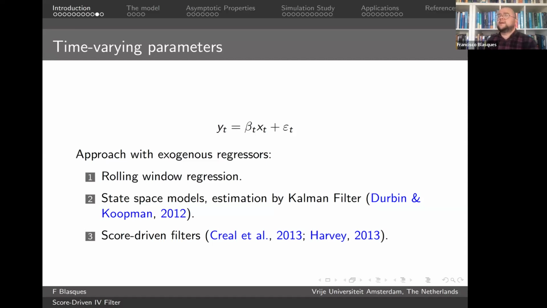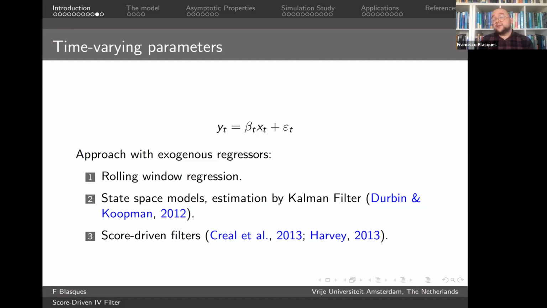I think the most famous examples that come to mind immediately are, for example, GARCH models, so models for time varying conditional volatilities, or conditional time varying mean models, right? So models for time varying conditional means. But of course, here today we'll be looking at a regression model that has a time varying beta, so that will be the context, right?